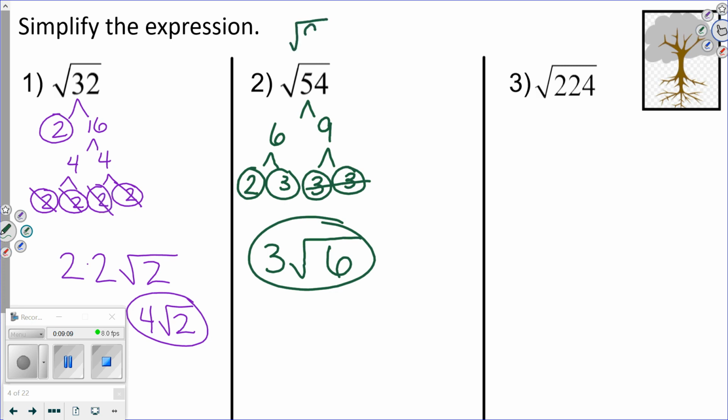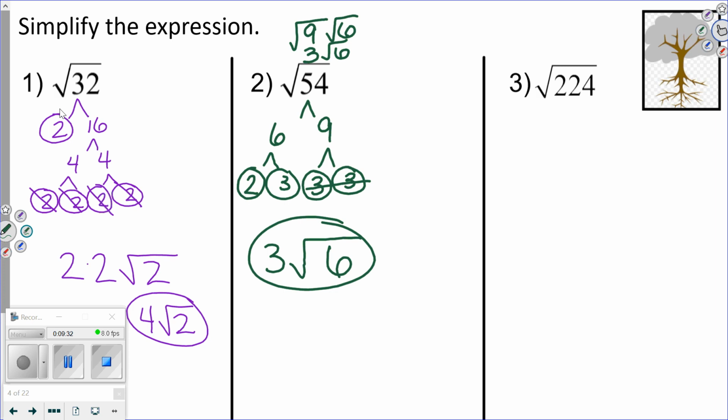So that's square root of 9 times the square root of 6, right? That's still 54. The square root of 9 is 3, and then I still have radical 6. That's how I learned it. I always had to look for the perfect squares. But if you didn't look for the biggest perfect square, then you had to keep simplifying over and over, and it was a nightmare. So I find students are much more successful doing it this way.